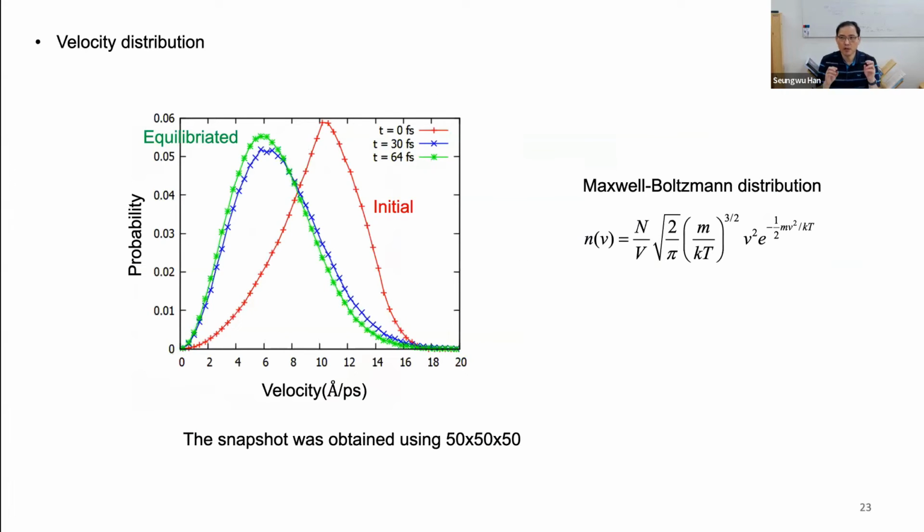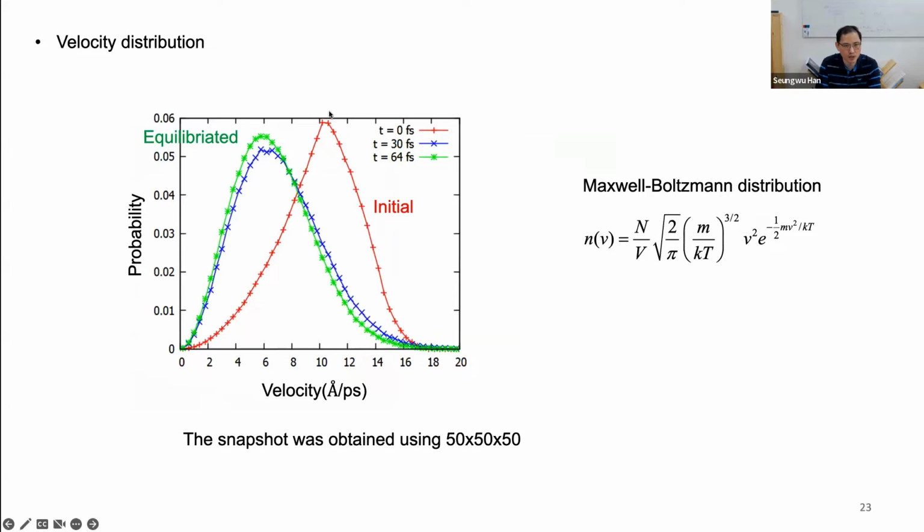And also, you can calculate the distribution of the velocity by looking at the velocity of the individual atoms. You have this distribution, and initially in the beginning, this is what we started with.